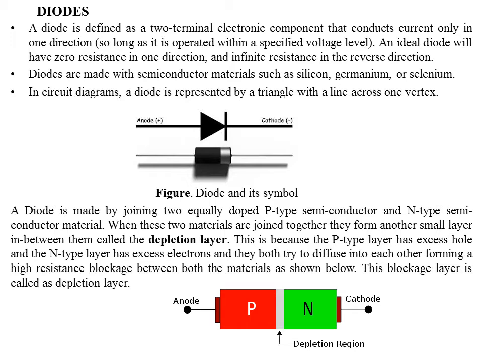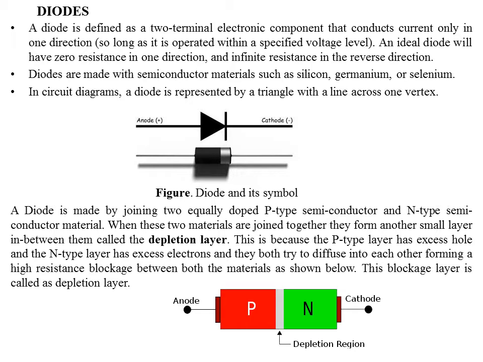The diode is a two-terminal electronic component with one anode and one cathode, and it can conduct current only in one direction.